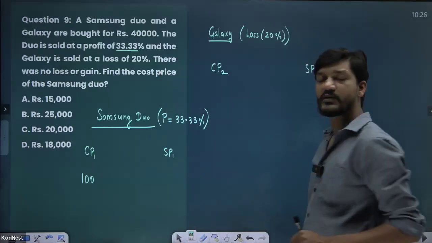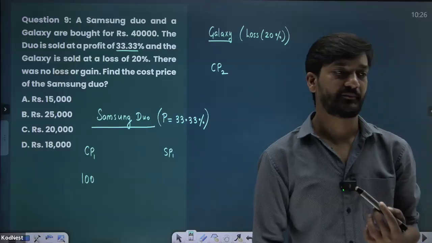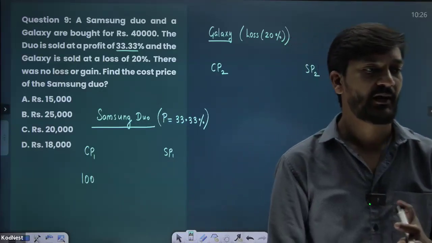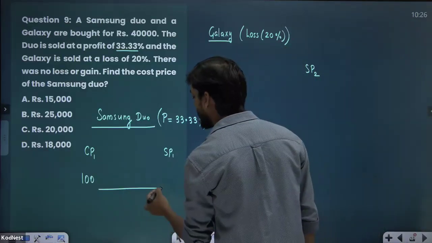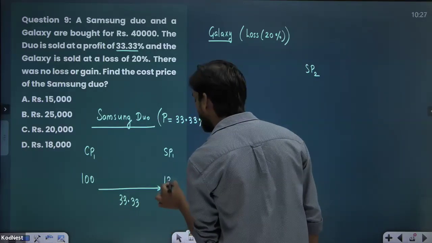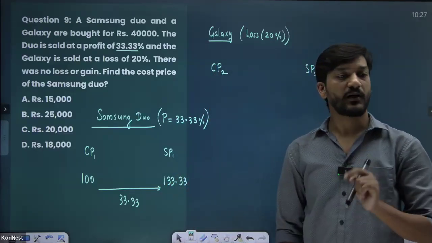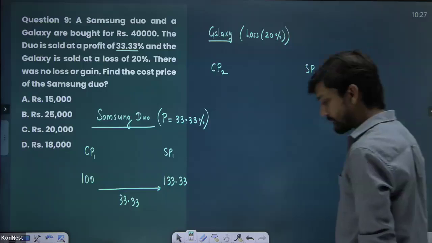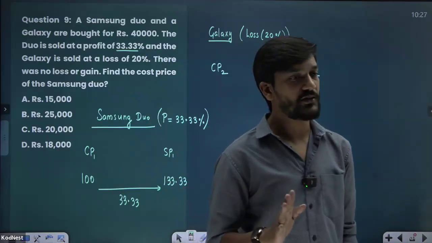What will be the selling price? You will say, sir, profit is 33.33, so selling price will be 133.33. Would you like such values in your calculation? Carefully answer.